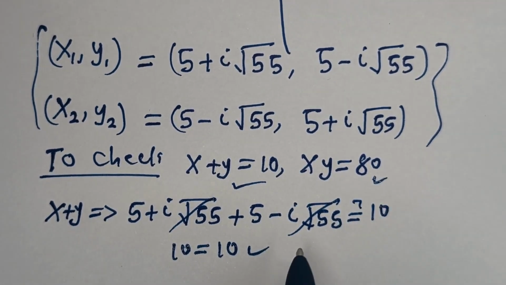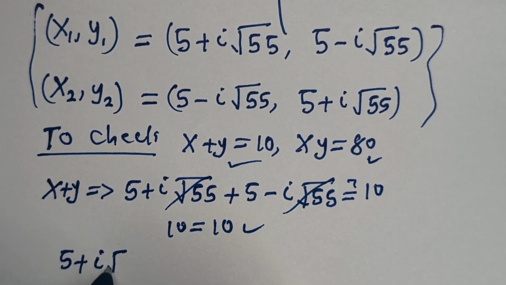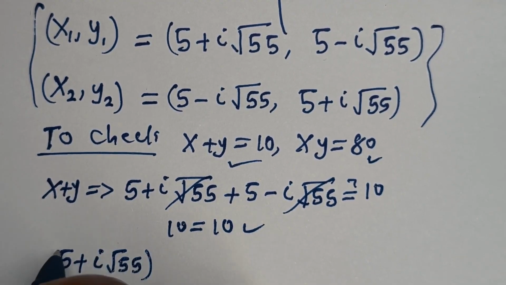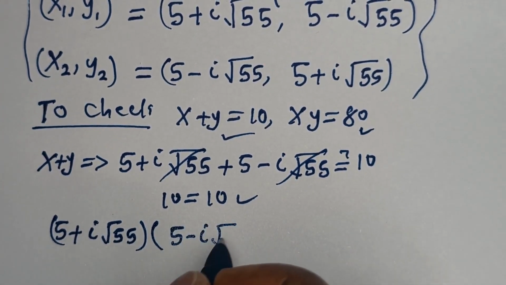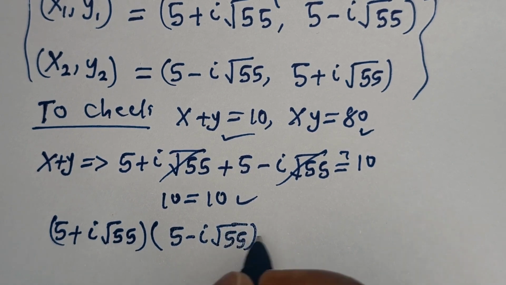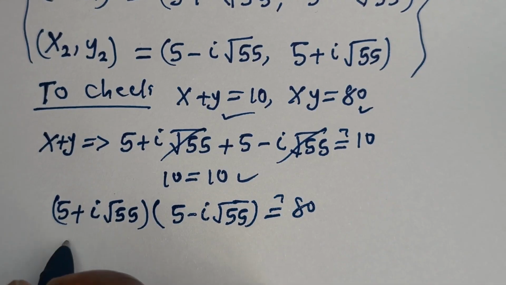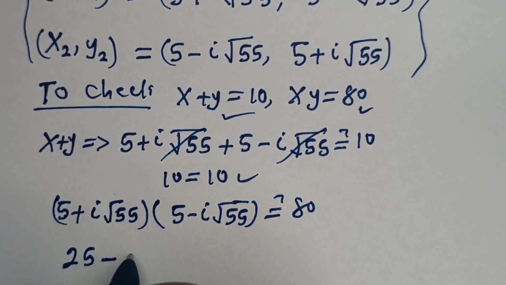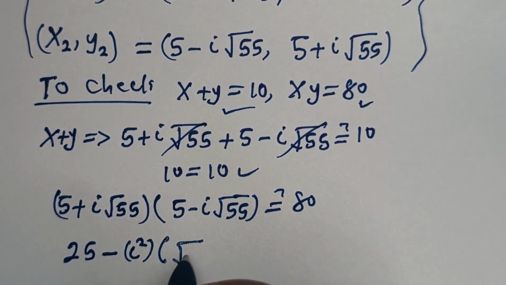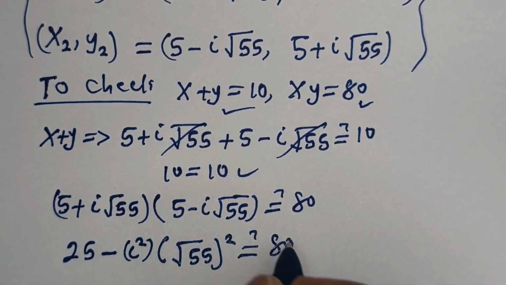Now let's consider this. We have 5 plus i root 55 multiplied by 5 minus i root 55 must be equal to 80. Then if you multiply this very well, we have 5 times 5, that is 25, minus i square multiplied by root 55 square must be equal to 80.